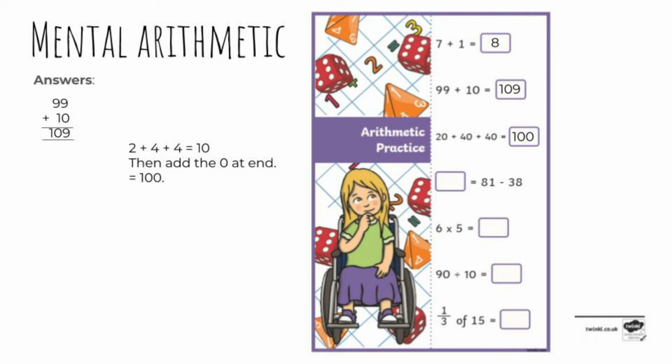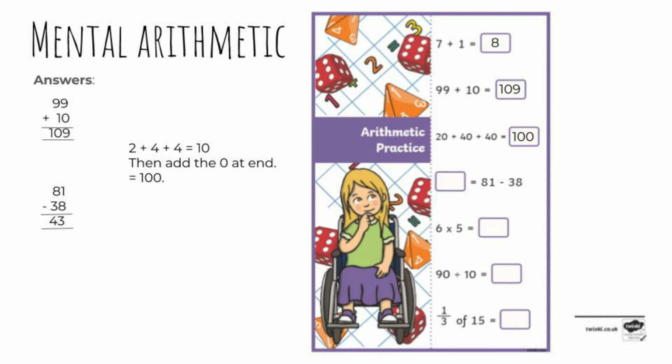The next question is back to front. So 81 minus 38 equals our answer. Let's line them up again. Remember, we have to line up the tens and the units. 1 minus 8, we can't do that, so we need to borrow a 1 from the 8.